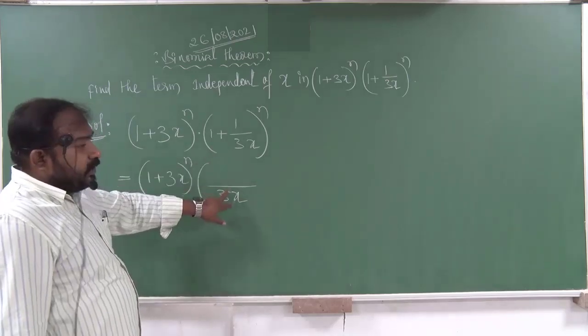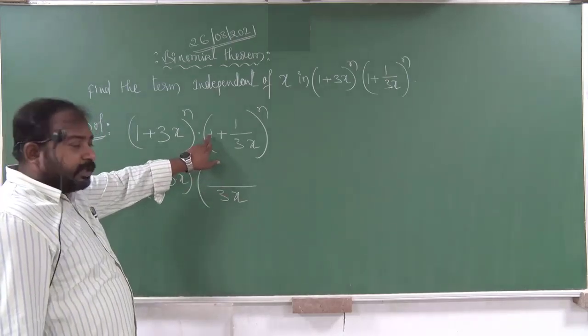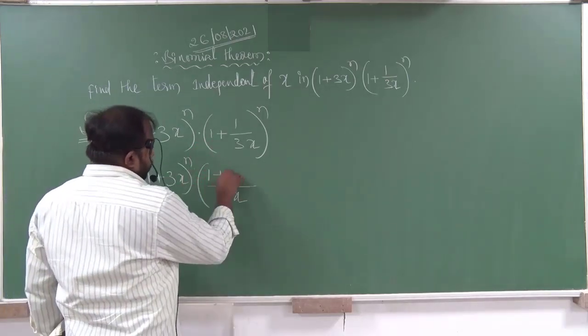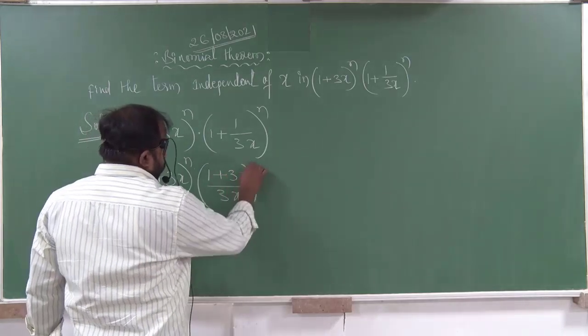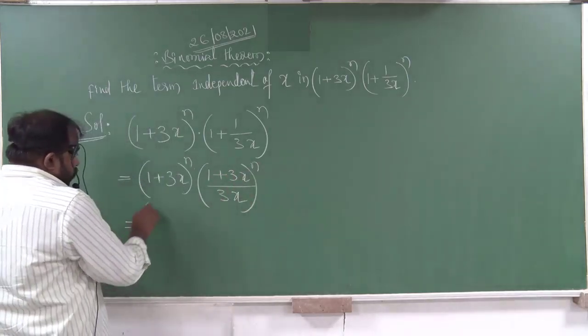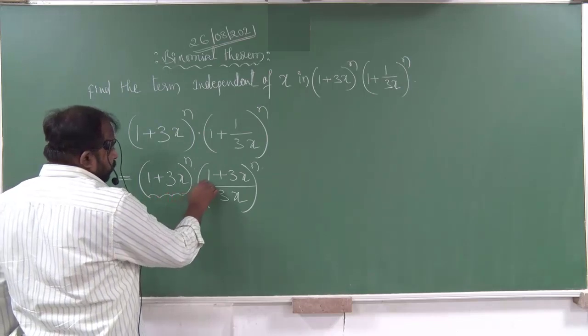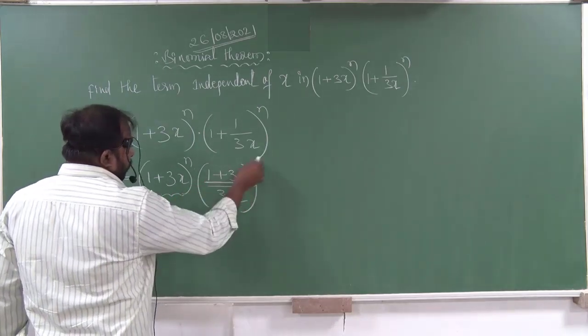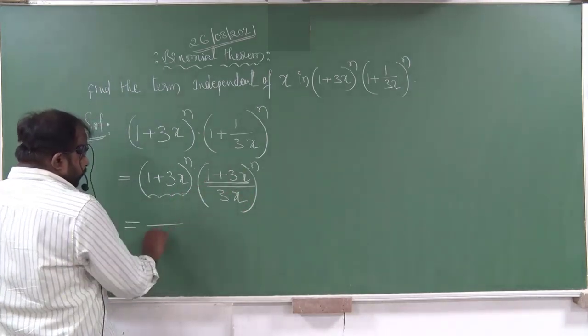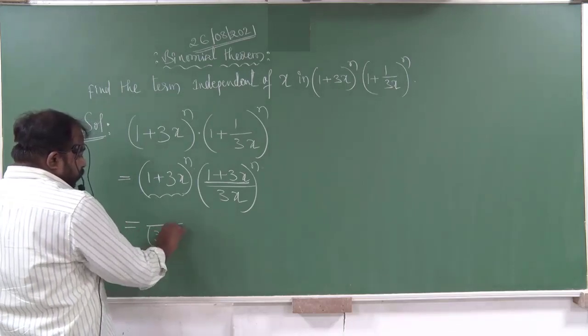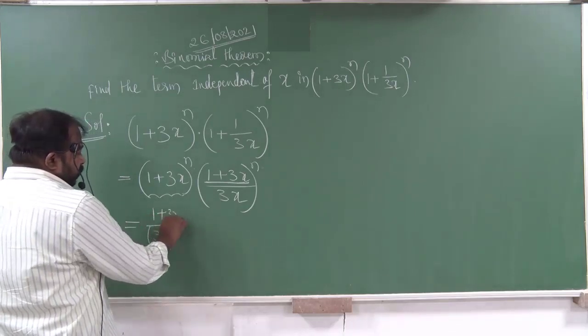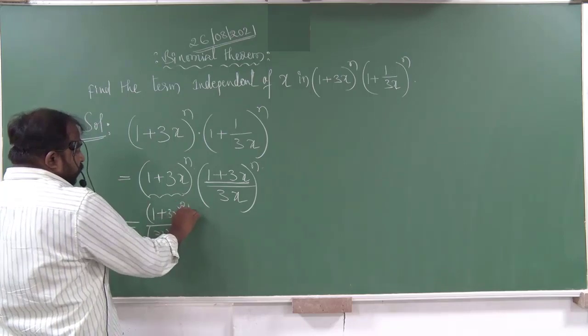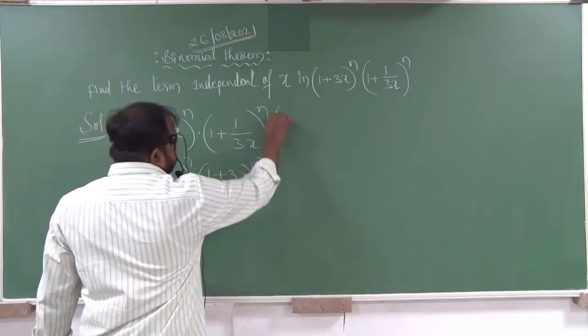Here the LCM is 3x. Then 3x plus 1 means 1 plus 3x. So (1 plus 3x) whole power n into (1 plus 3x) whole power n. Of course, the denominator value is (3x) whole power n. The numerator value is (1 plus 3x) whole power 2n. I can get like this.